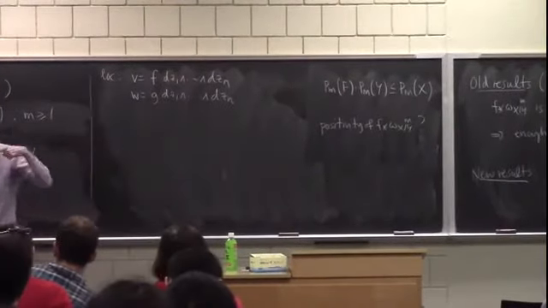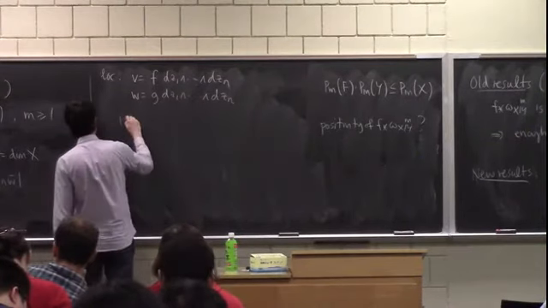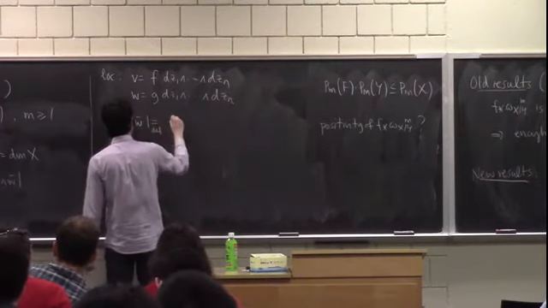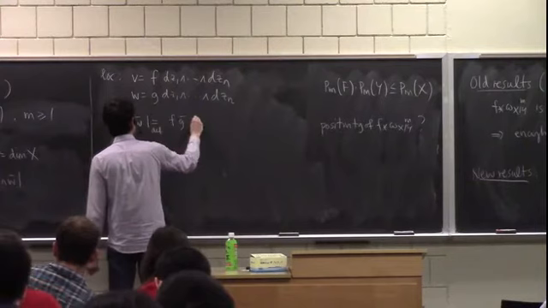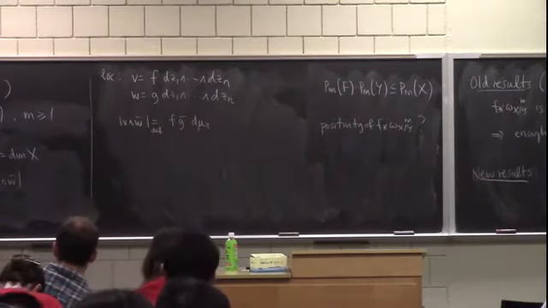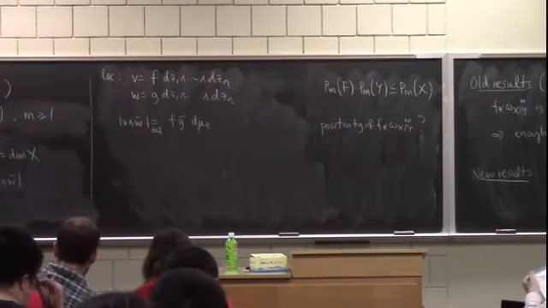Then I just need to permute the dz's until it actually becomes the volume form, and I need to multiply by some power of i. So what I mean by this integrand is, in these local coordinates, f times g bar times the volume form in C^n. And if you integrate that, then you get this.